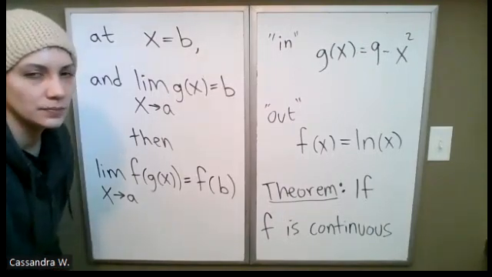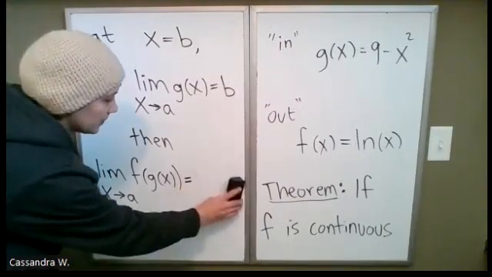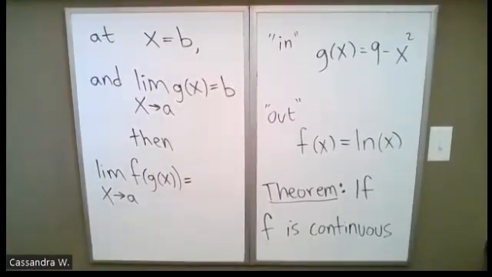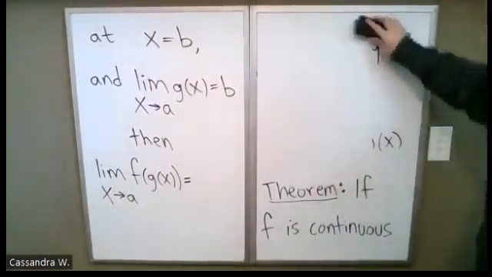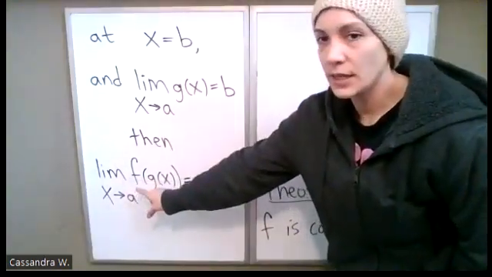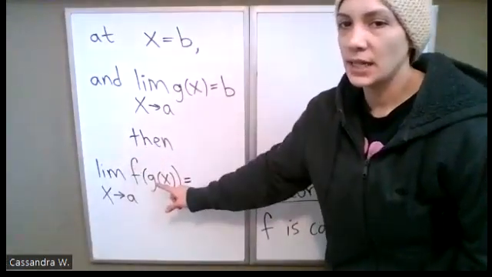Okay. I'm going to put an extra piece in here. So before we get to this part, we're going to do an extra little piece. We're going from here, the limit as x goes to a of f of g of x. We're going to bring the limit inside here.